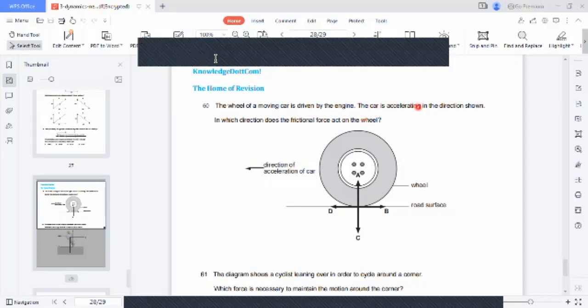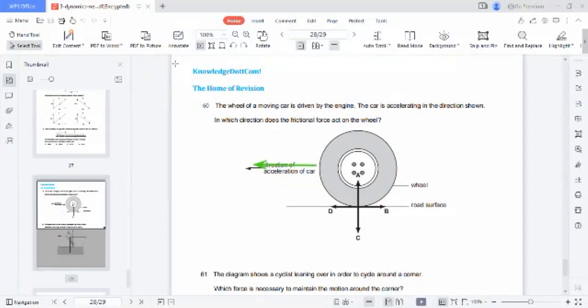The car is accelerating in the direction shown. This is the direction of acceleration. In which direction does the friction force act on the wheel?